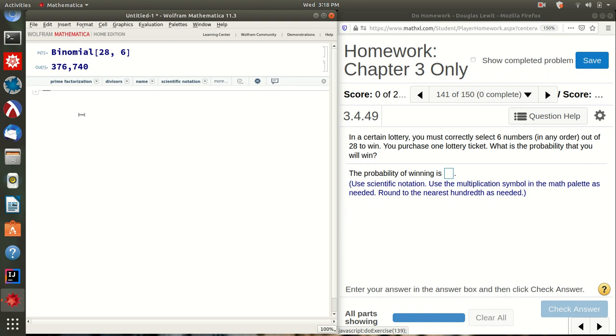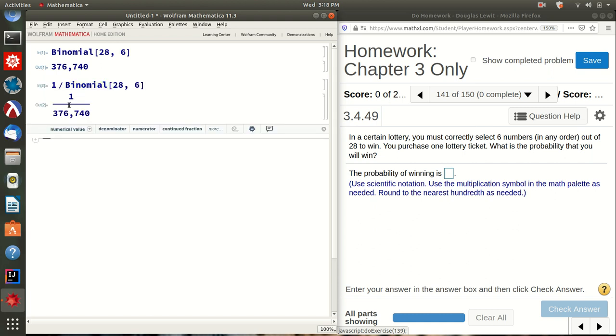If I buy 1 ticket, it's going to be 1 divided by that number. Okay? So we have 1 divided by binomial 28, 6. And I want to turn that into a floating point value. So the way to do that is simply 1 divided by binomial 28, 6.